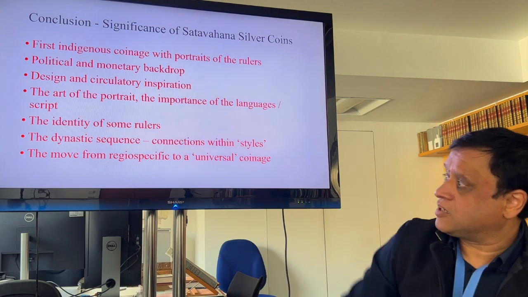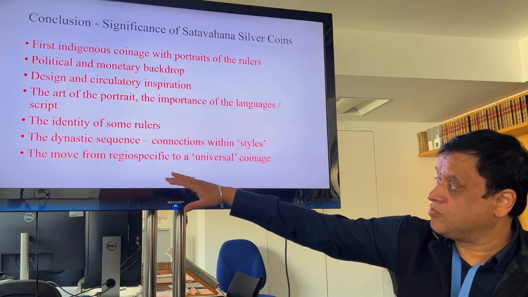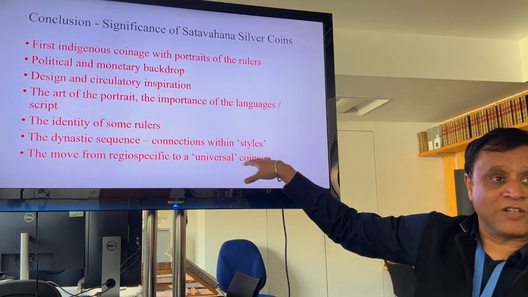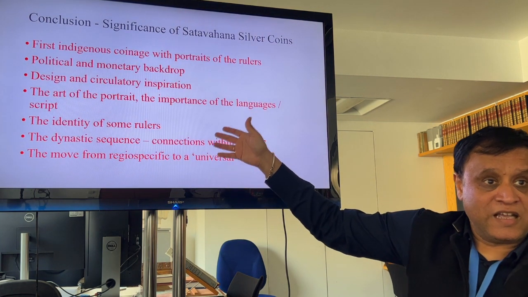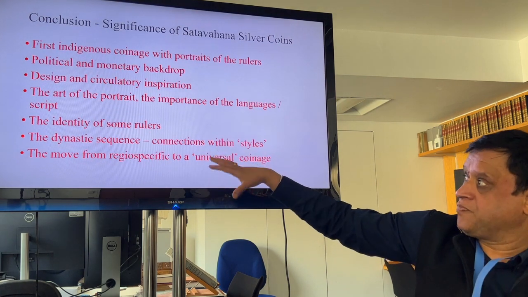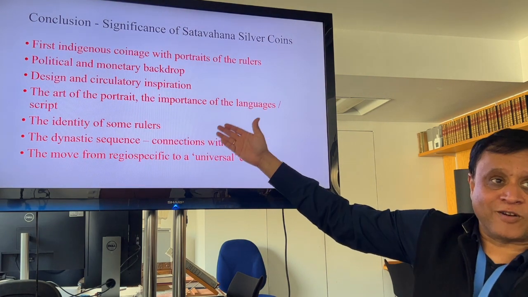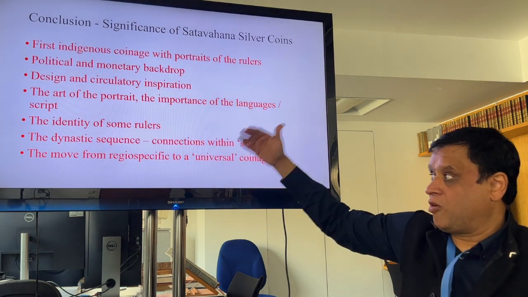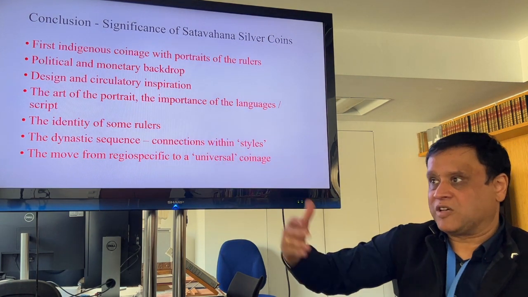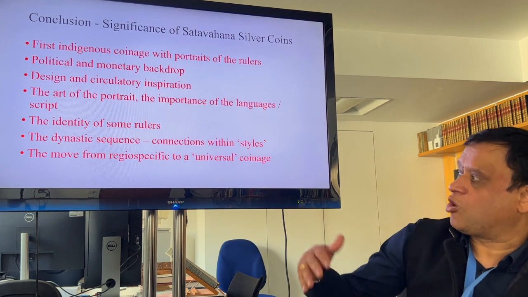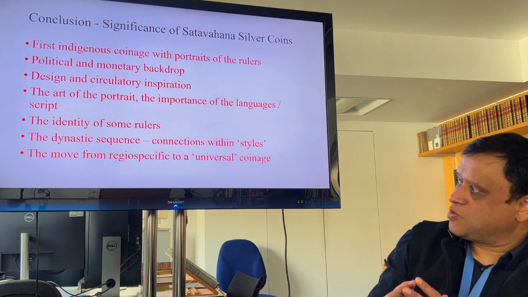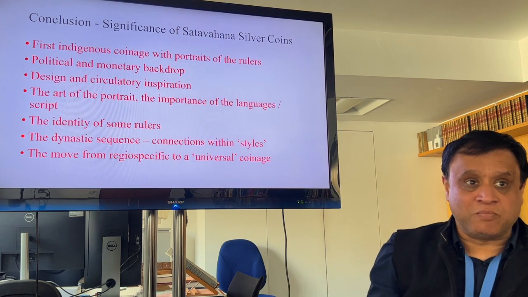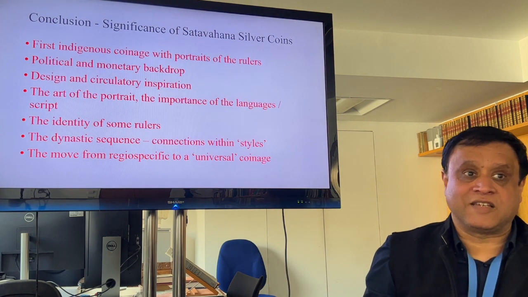And of course, as I said, the most important aspect is that the move from region-specific to a more universal coinage is mapped in this period; it sort of happens on the fulcrum of the Satavahana silver coins. And from the first century, beginning of the second century onwards, the numismatic picture of the Satavahanas is a very different one than what it was before 50 AD, let's say.